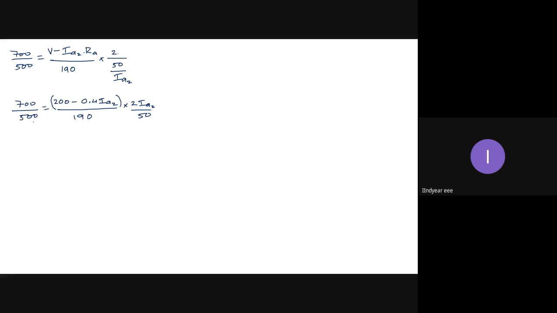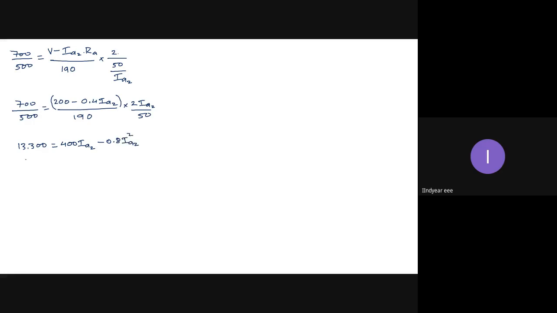So this term 700 by 500, cross multiplying, we will get 13,300. So 13,300 is equals to 2 IA2 into 200, that is 400 IA2, minus 0.8 IA2 square.